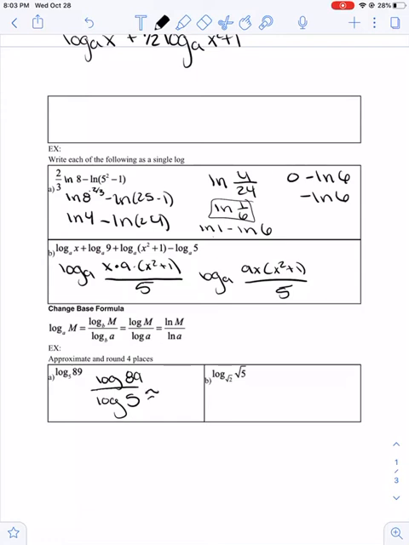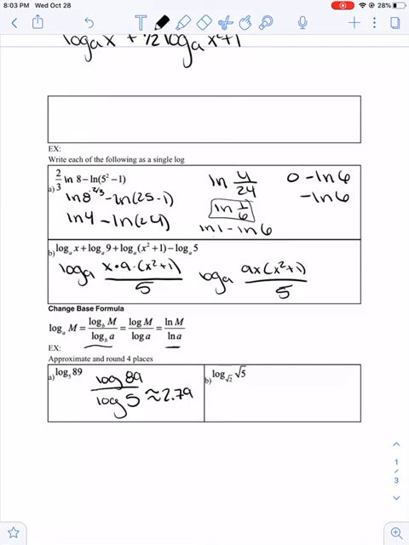If we enter this in the calculator, we get about 2.79, because you can't just enter log base 5 of 89 in your calculator. So you'd want that similar base, so you can just press the log button on your calculator.